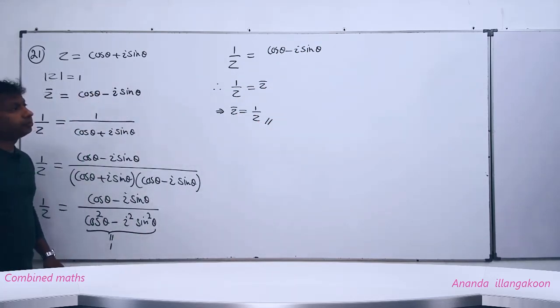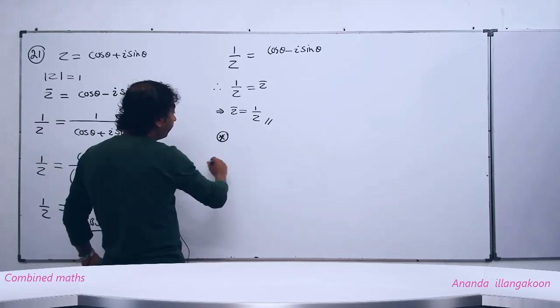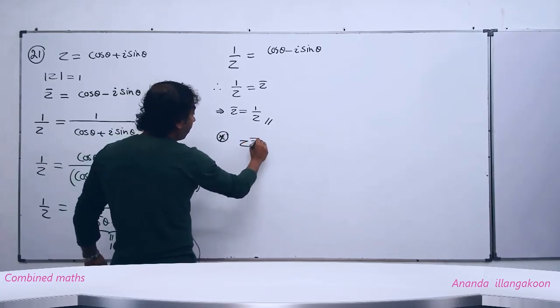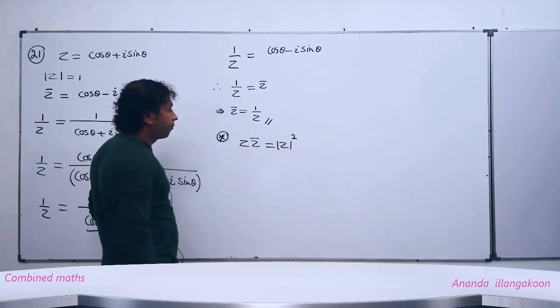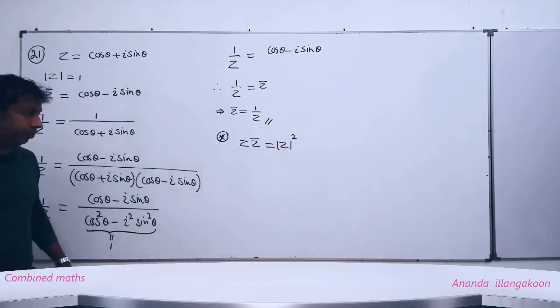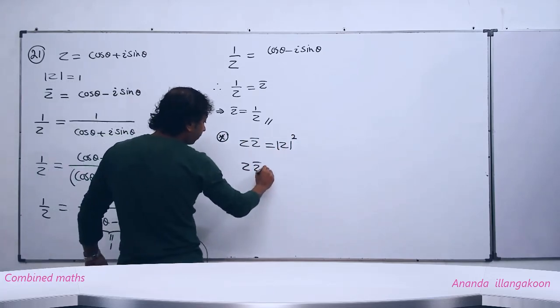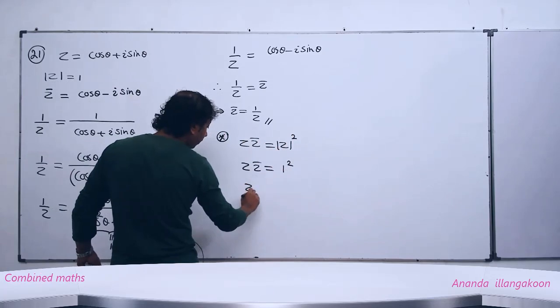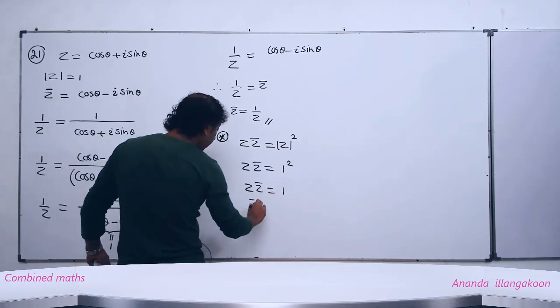So people, you might ask this way too. What if we straight away do it this way? z bar equals 1 over mod z squared, using this result. But mod z is 1. Therefore, 1 squared times z bar equals 1, then z bar equals 1 upon z.